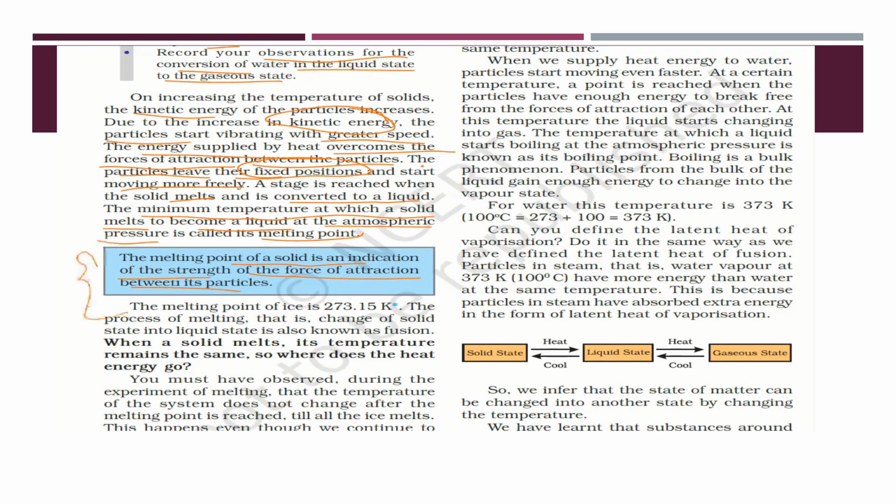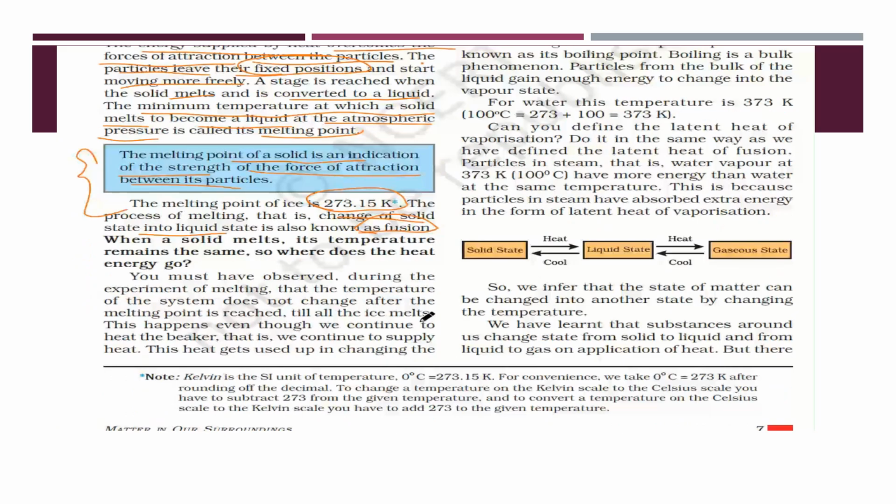So what is the melting point? It indicates the strength of the force of attraction between the particles. Is it clear? So what is the melting point of ice? The melting point of ice is 273.15 Kelvin. And the process of melting, that is, the change of solid to liquid state, is also known as fusion.